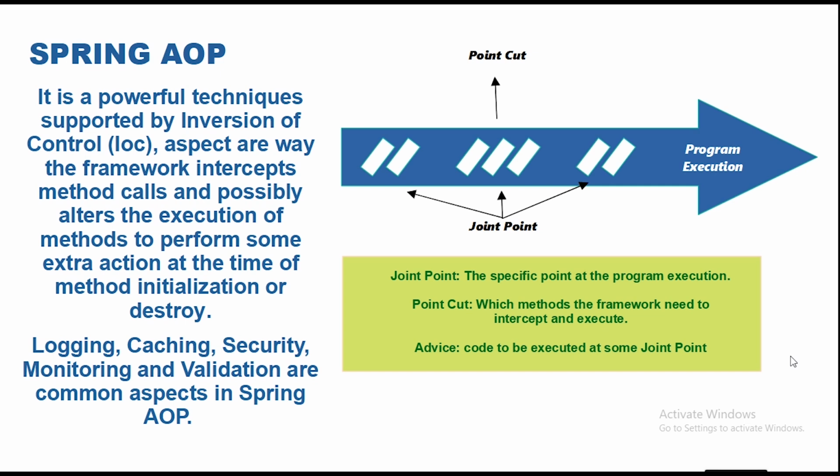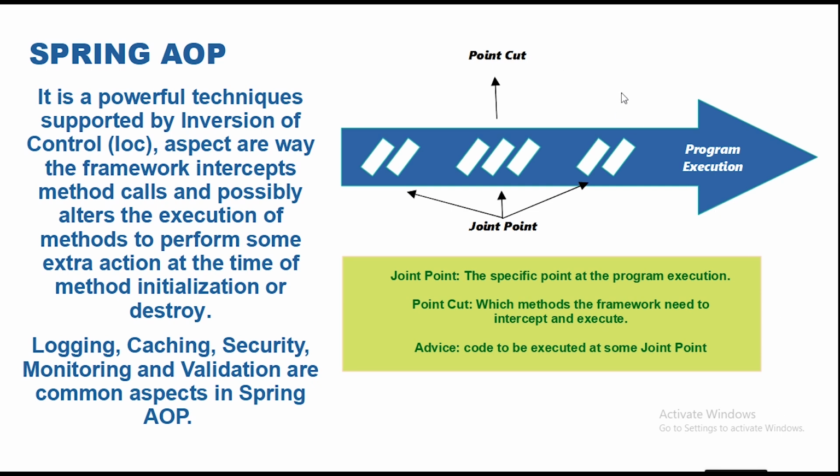So let's look at Spring AOP. It is a powerful technique supported by inversion of control, aspect-oriented, where the framework intercepts method calls and possibly alters the execution of a method to perform some extra action at the time of method initialization or destroy. Logging, caching, security, monitoring, and validation are common aspects in Spring AOP.